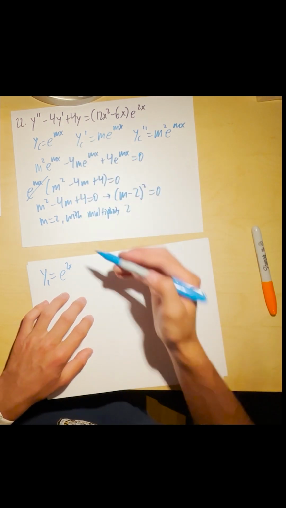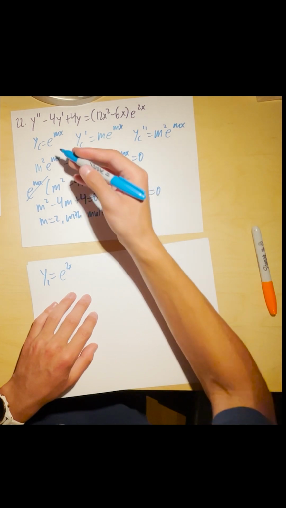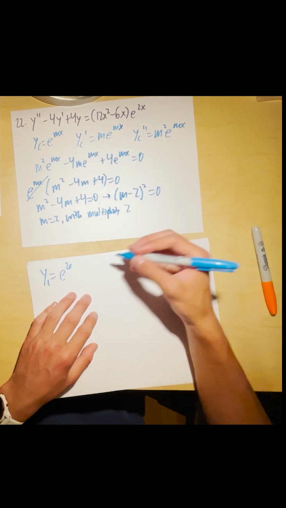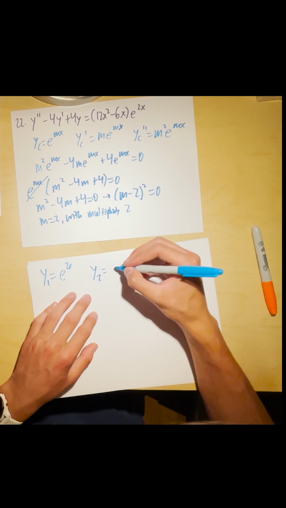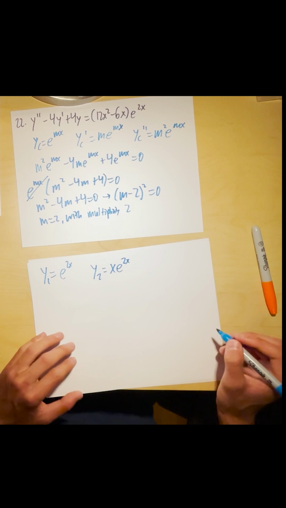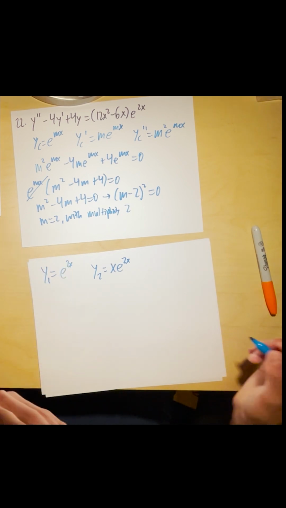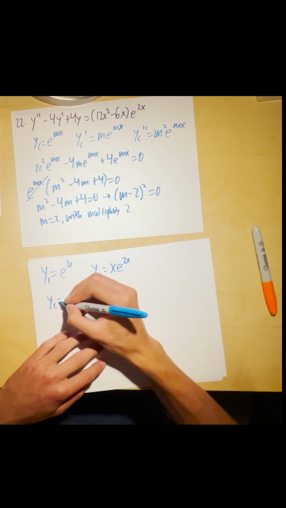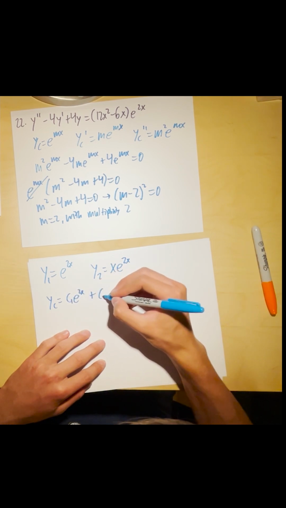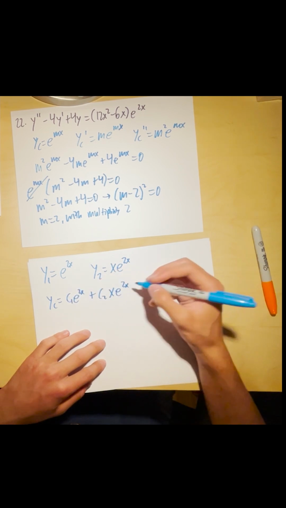We got m equals 2, and we get to plug that in here. So yc equals e to the 2x, and then the rule is if we get multiplicity of 2, y2 is just going to be x e to the 2x. And so now when we're forming our complementary solution, we're going to have yc equals c1 e to the 2x plus c2 x e to the 2x.